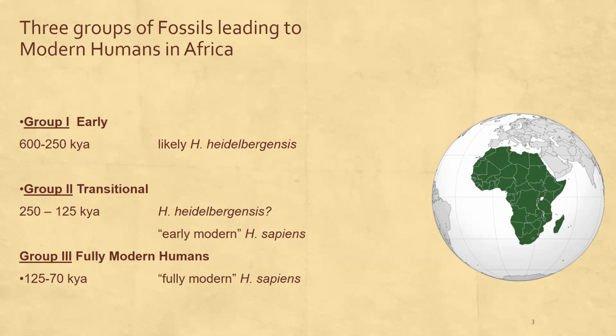Indications in the archaeological record that not only have we physically developed into fully modern humans, but also behaviorally we are now acting like the species we recognize today as ourselves.